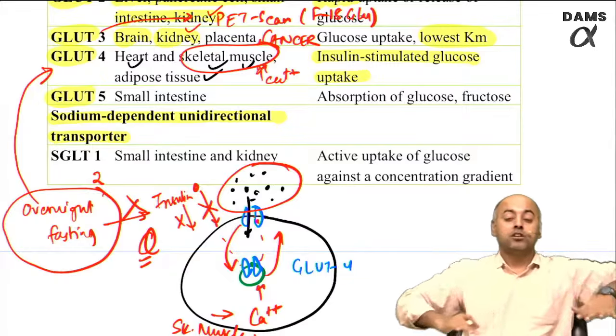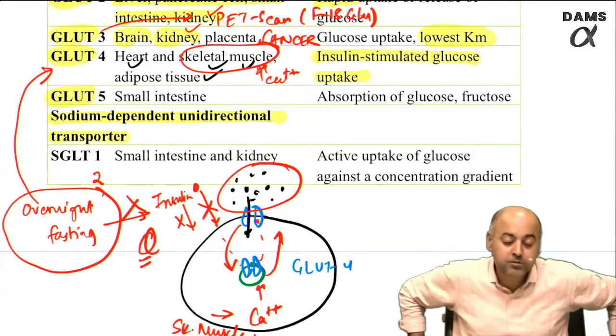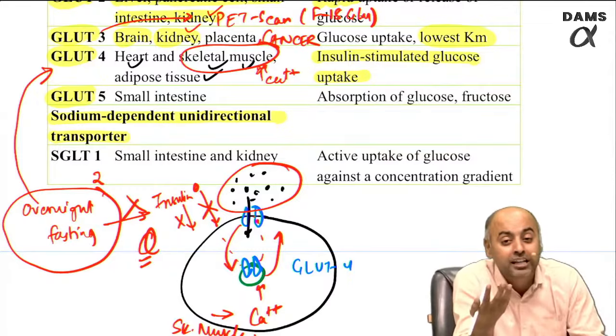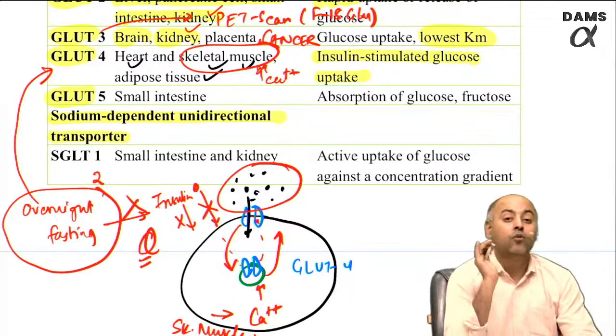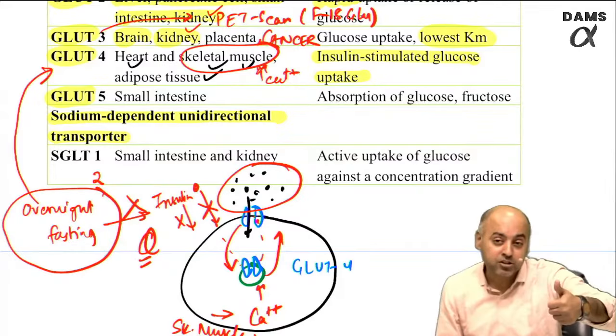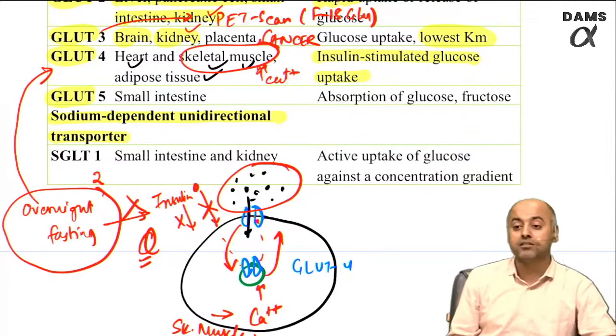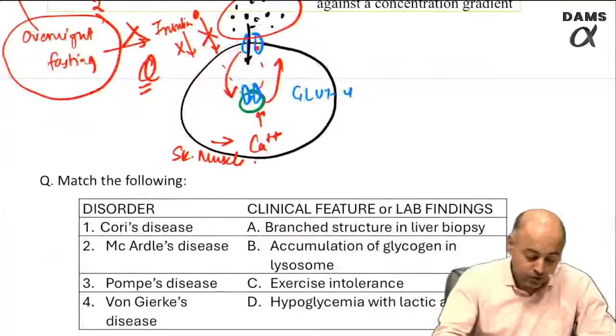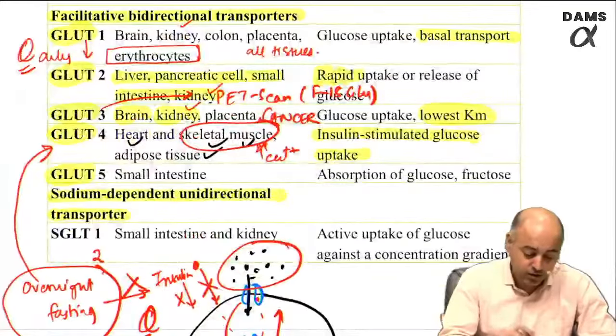The glucose levels will fall. So please remember that calcium can also mobilize the GLUT4 in addition to the insulin, and that is the basis for recommendation of the vigorous physical activity in type 2 DM patients where the insulin resistance is seen. All right. So that's about the GLUT4.